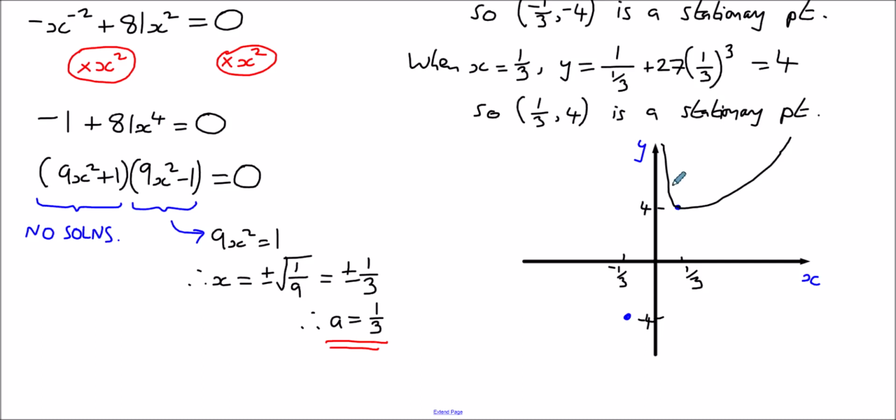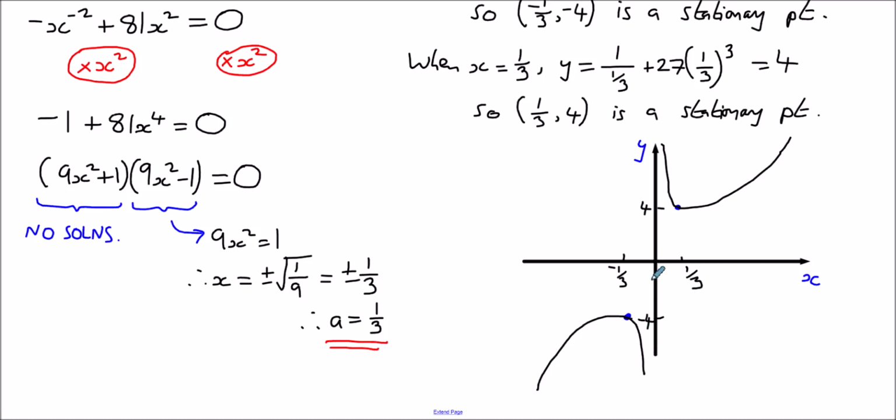So we're going to have something like this. We're also going to have something similar at the other end as well. This is going to be a local maximum. So what's going to happen is it's going to curve down like this, but as it gets closer towards the y-axis, this is going to get closer and closer asymptotically to the y-axis.